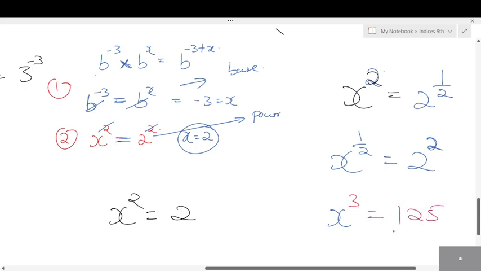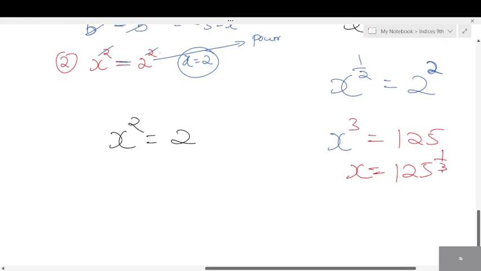If 3 goes to the other side, what does it become? 125 to the power of 1 by 3. What kind of power is it, whole number or fraction? So factorize 125, what do you get? 5 cubed. So what's the value of x? x is equal to 5. You should know this concept. x is equal to 5.